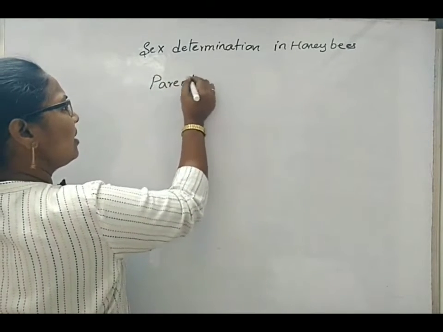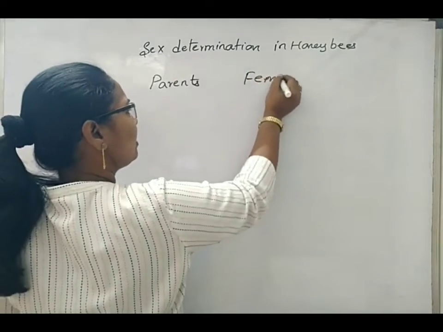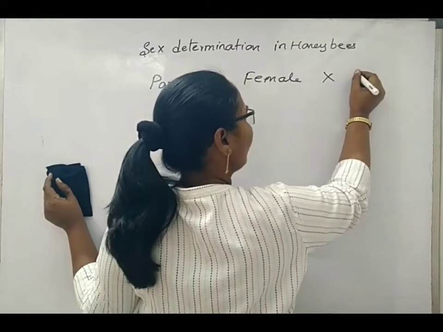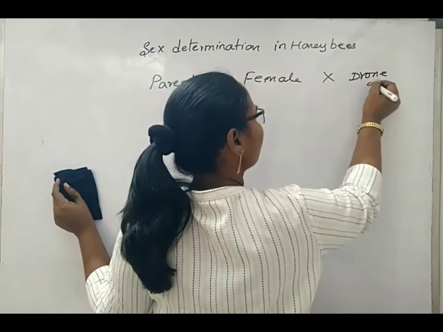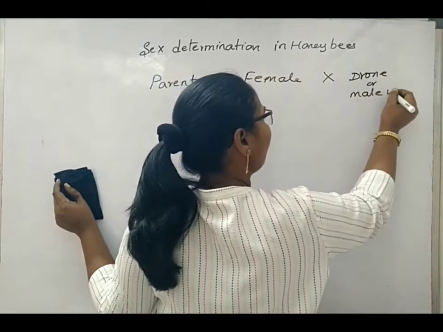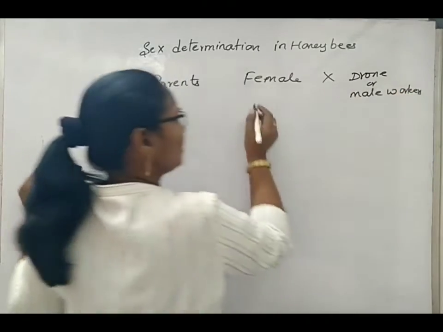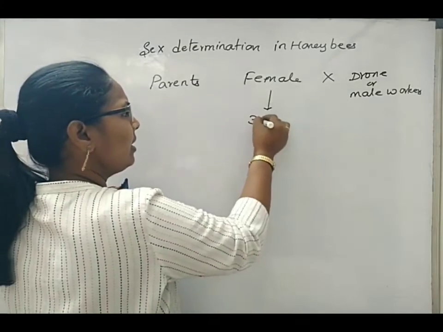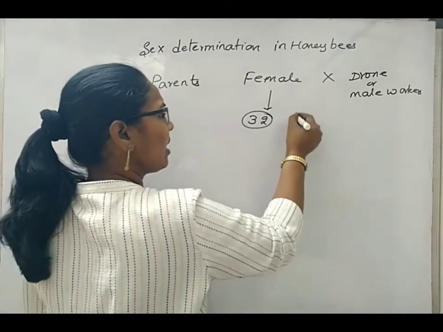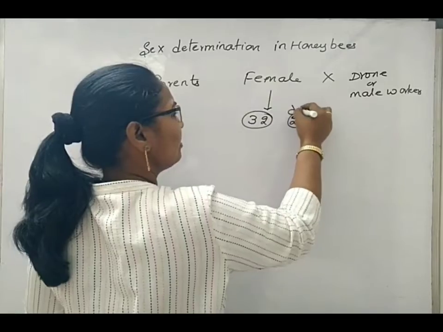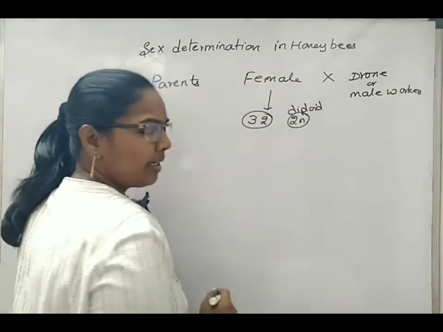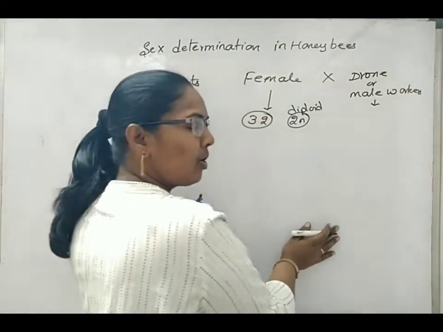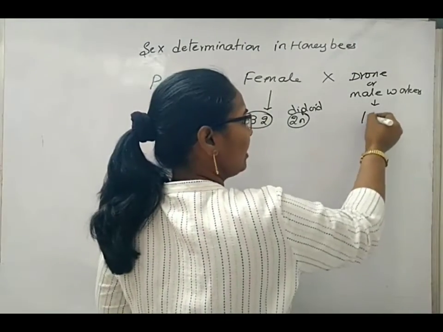If the parents are a queen, that is a female, which has to be crossed with male drones, male workers, then the number of chromosomes here will be 32, which we consider as diploid condition. And the number of chromosomes in a male honeybee, drone or male worker, is only 16.